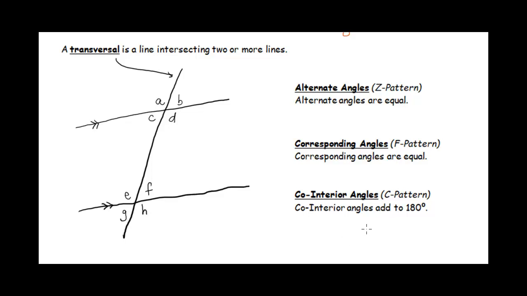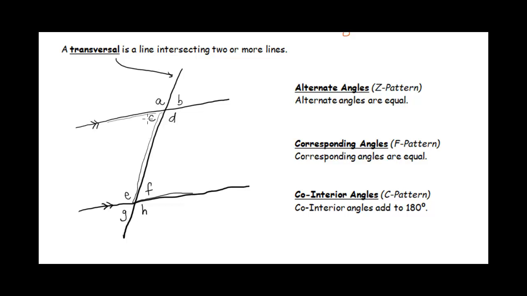The first set of angles that are created in our parallel lines are what are called alternate angles. You can tell they're alternate angles because they create what looks like a Z, and we call it a Z pattern. If I go like this, and then come down, and then come across, this creates what looks like a Z, right?